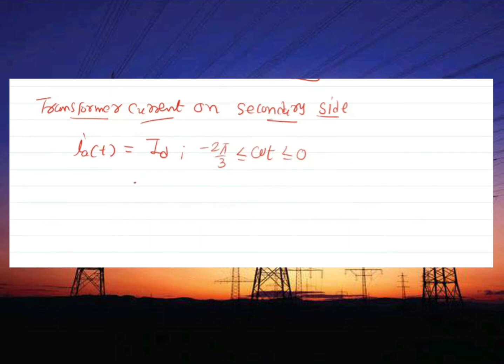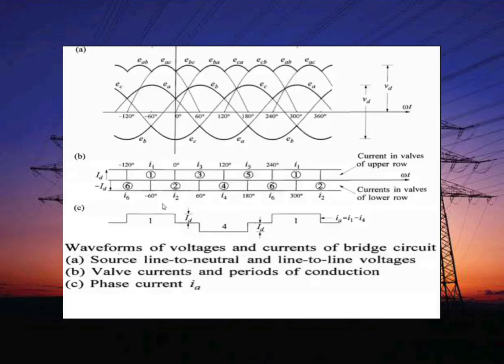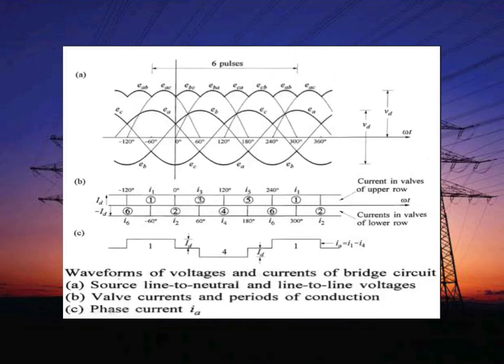Again it is 0 for 0 to pi by 3, see here, from 0 to pi by 3 the phase A current is 0. Now again from 60 to 180 degrees, valve 4 of phase A is also conducting, but the magnitude of that current is minus ID. So during pi by 3 to pi, the phase current is conducting and the value is minus ID.